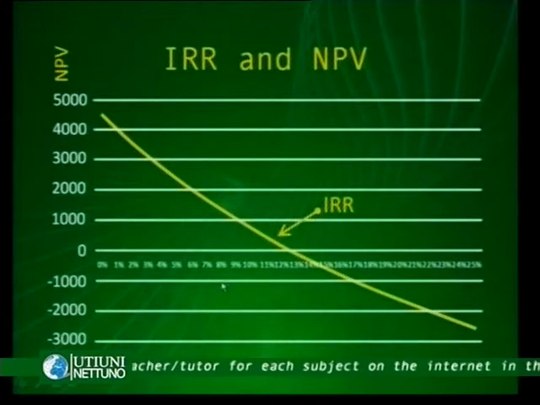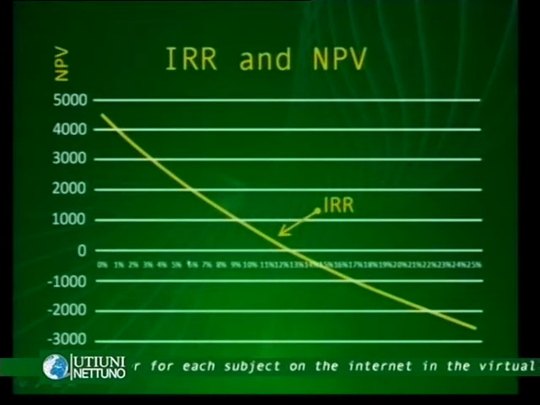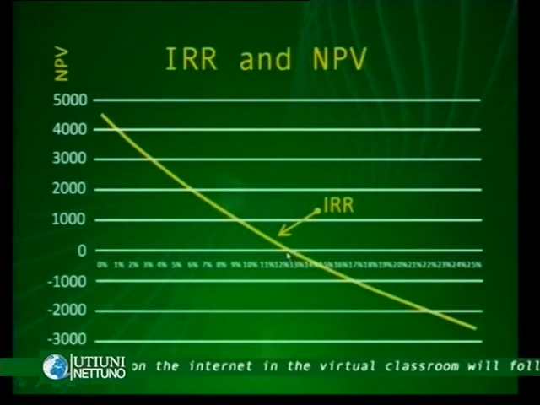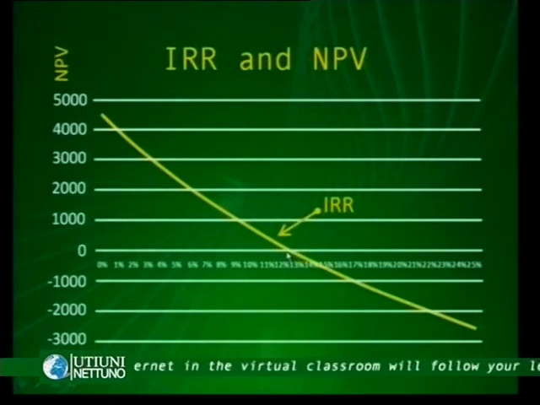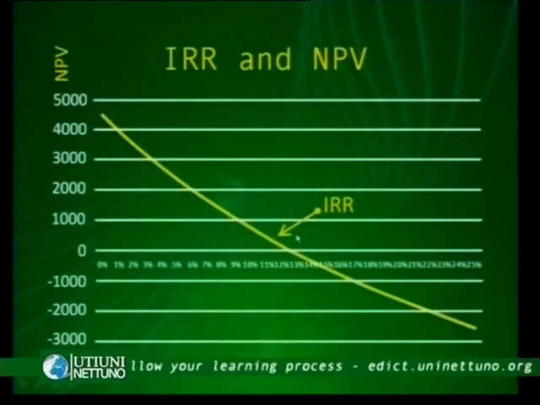Here we can express the same rule as a function of the IRR. If the discount rate we adopt for the NPV is lower than the IRR, that is, if the IRR is higher than the discount rate that we use for the net present value, the project is convenient and the NPV is positive.